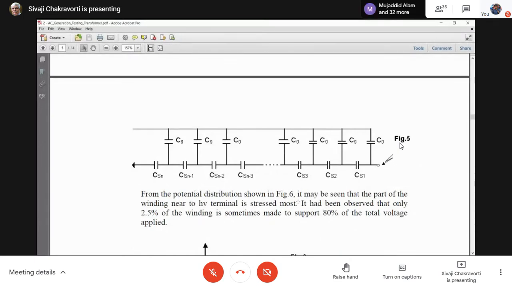Now CG by CS being zero can happen in two ways. One is CG is zero, the other is CS is infinity. But CS is not infinity, so CG is zero. But again, practically CG is never zero, because if there is a winding, if there is a tank, CG will be there.